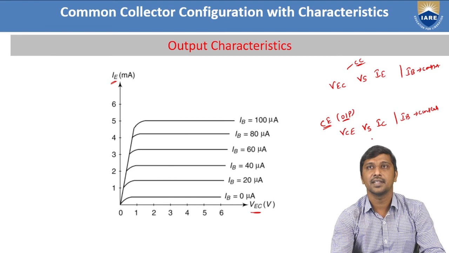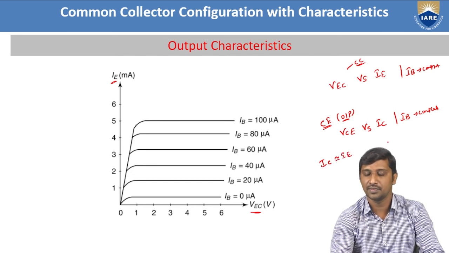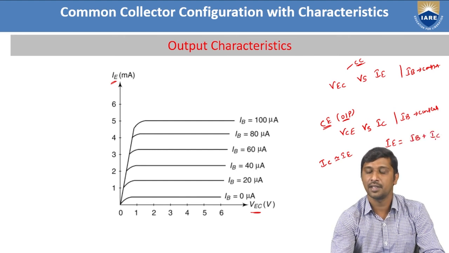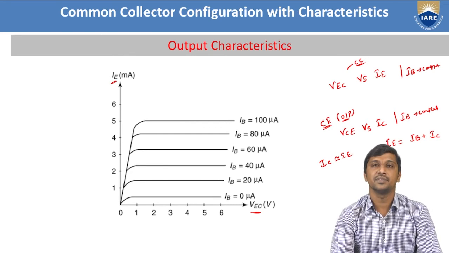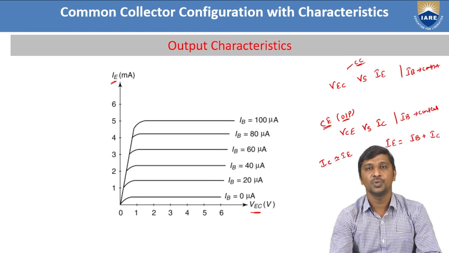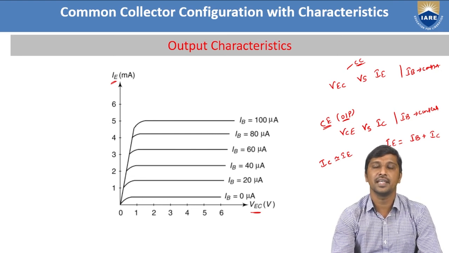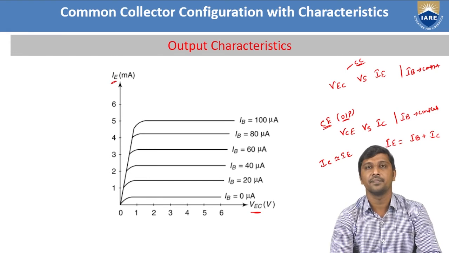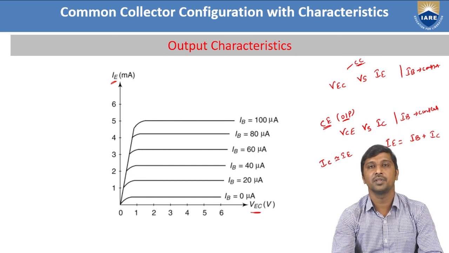Based on the construction of the transistor, we know that IC is approximately equal to IE. Why? Because we know the relation IE is equal to the summation of base current and collector current. Based on the doping levels and the widths of the terminals, only some 2 to 5% of the charge carriers constitute the base current, and the remaining 95 to 98% of the charge carriers constitute the collector current. So the base current is very small compared with the collector current.